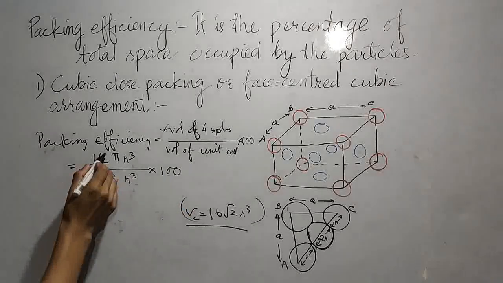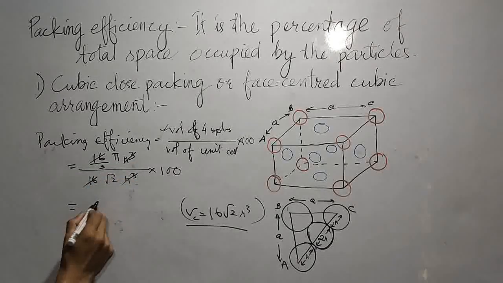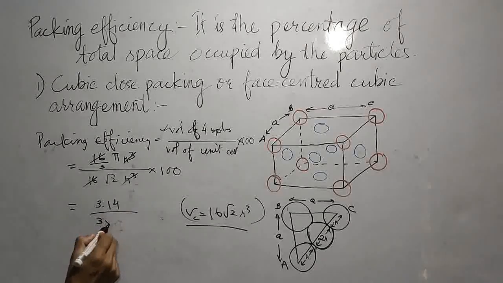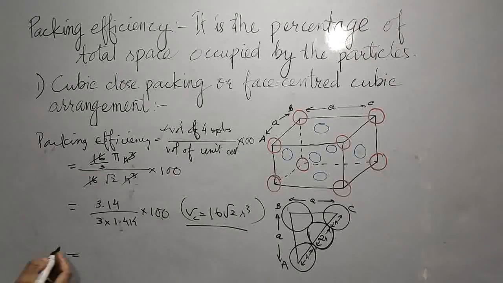So here the 16 r cube is gone, so it will be 3.14 divided by 3 into 1.414 multiplied by 100. If we calculate this one, we get around 74 percent. So that is the packing efficiency for the cubic close packing or face-centered cubic arrangement.